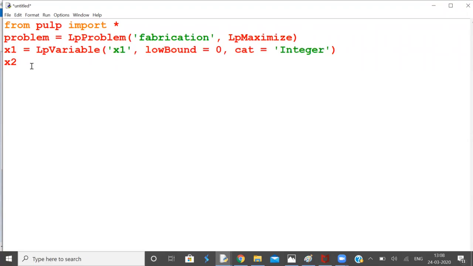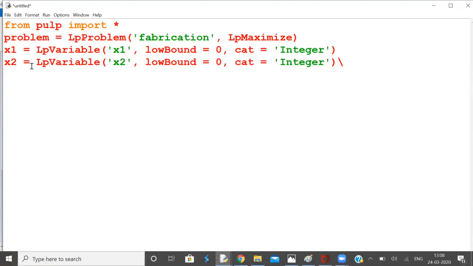Similarly, X2 is also a linear programming variable. It is X2. Its lower bound is 0, and its category is integer. The number of chairs can never be fractional, or the number of tables can never be fractional.